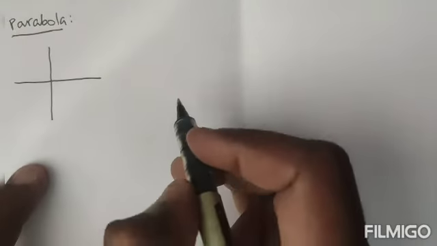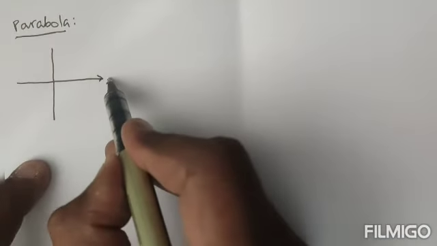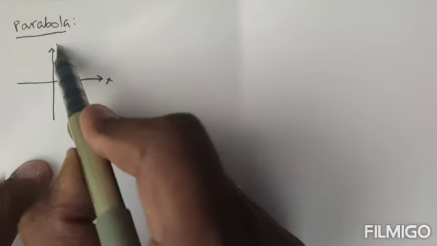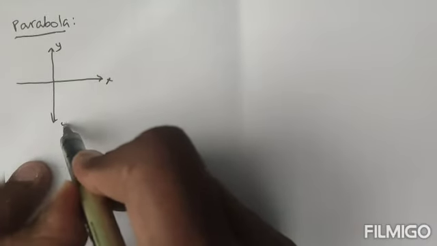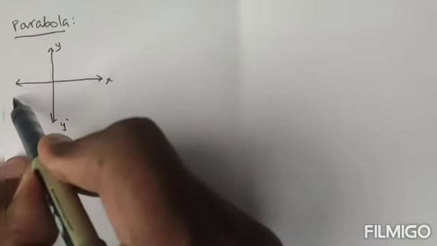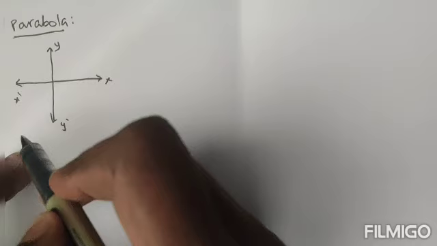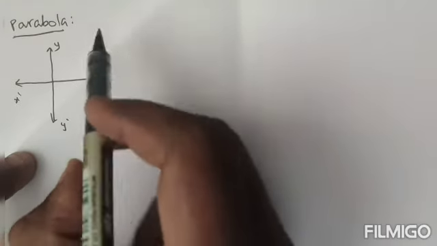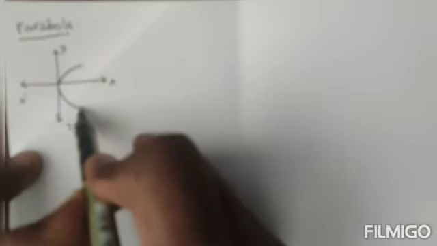So let's see, here also the four models are there, based on the parabola concept. Here, x-axis, y-axis, y dash, and then x dash. Suppose we get the structure of the graph like this.